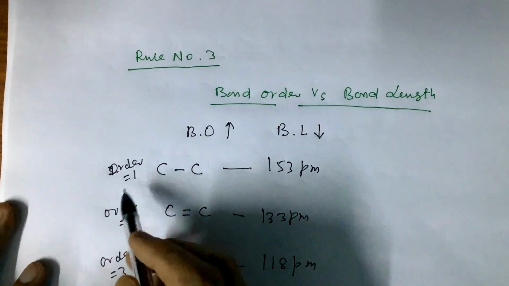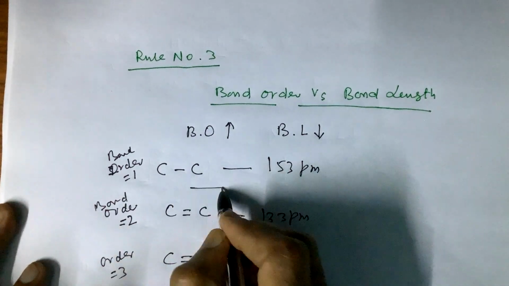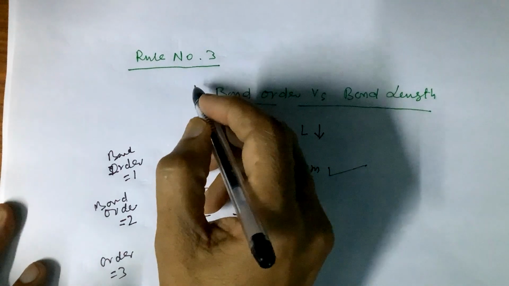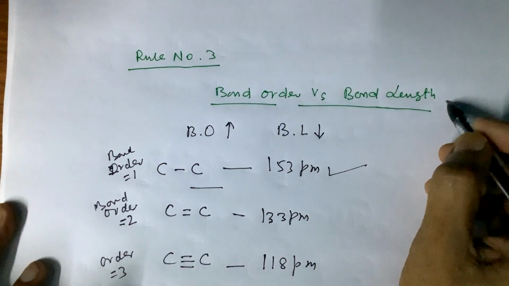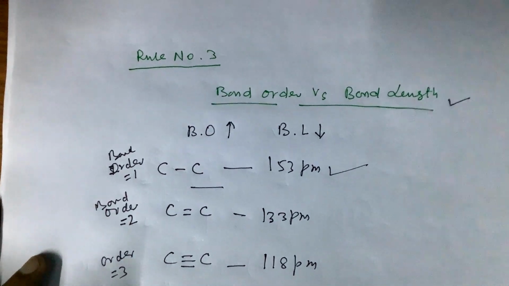So where the bond order is least, the bond length is highest. This is rule number 3, bond order versus bond length.